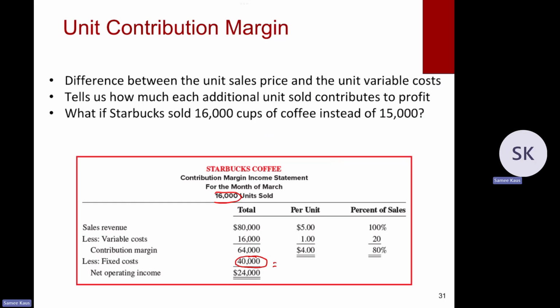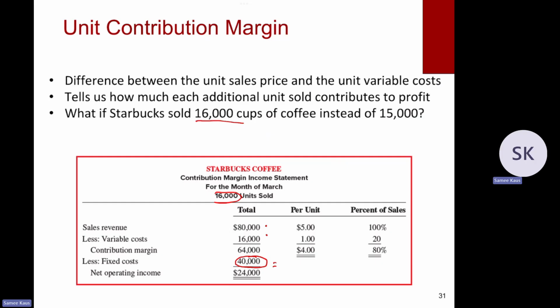But what is not equal? My sales revenue and my variable cost. Those two things change depending on the number of cups of coffee that I sell. So now I have 16,000 times 5, which gives me 80,000 in sales revenue. 16,000 times 1 gives me 16,000 in variable cost, to get a contribution margin of 64,000 bucks, less my fixed cost.